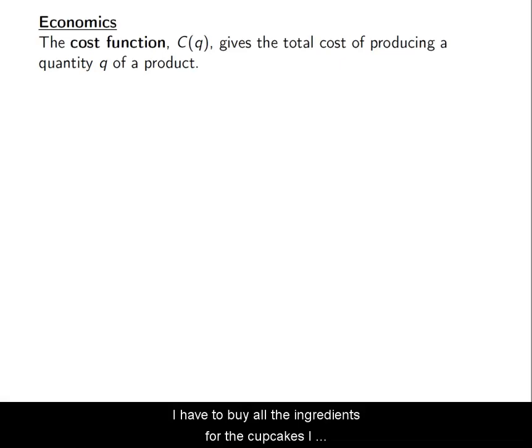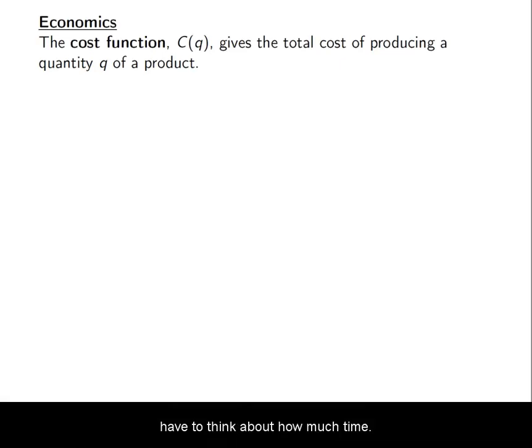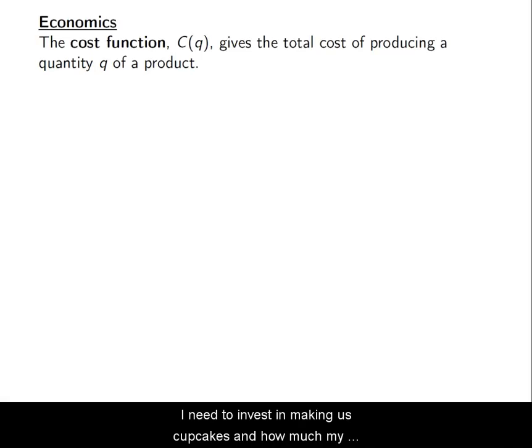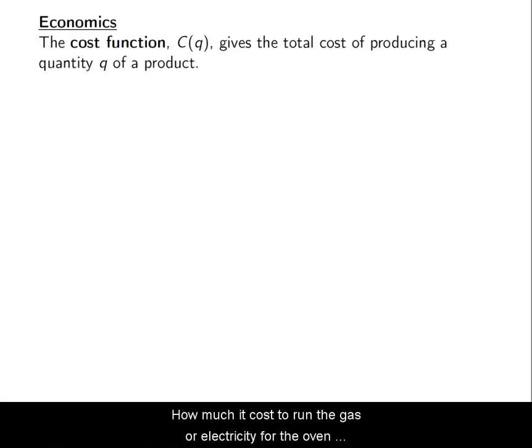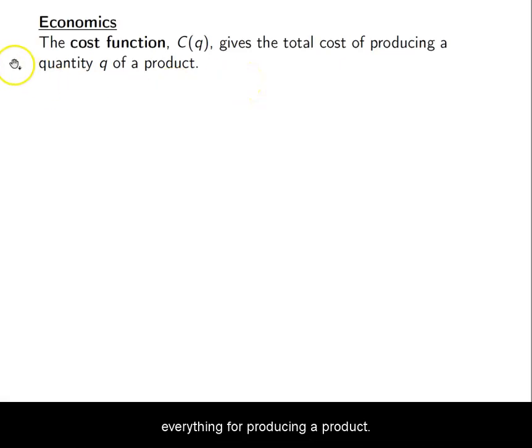I have to think about how much time I need to invest in making those cupcakes and how much my time is worth, or an employee's time is worth, how much it costs to run the gas or electricity for the oven that I'm cooking it in. All of those costs come into play, right? So your cost function represents the total cost of everything for producing a product, okay?